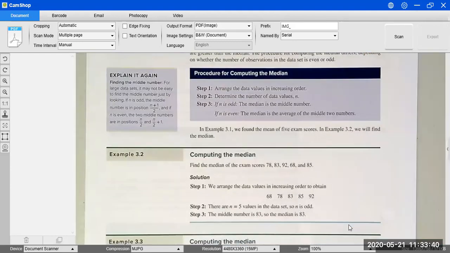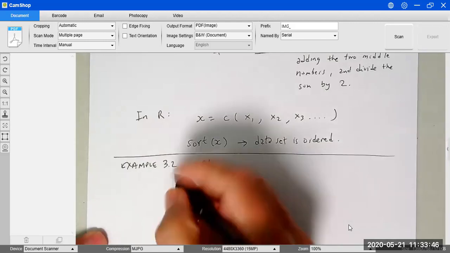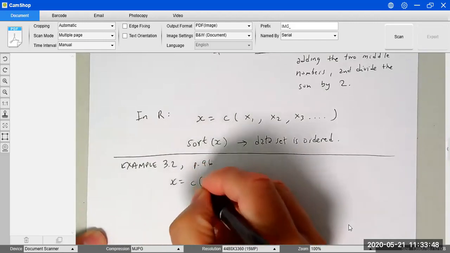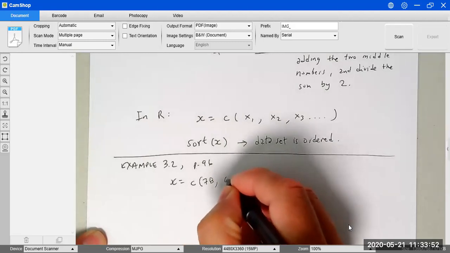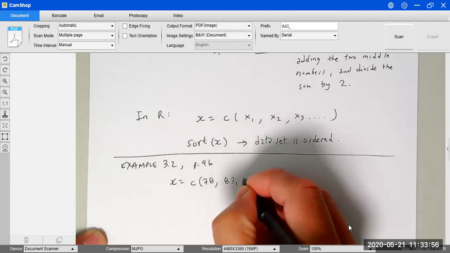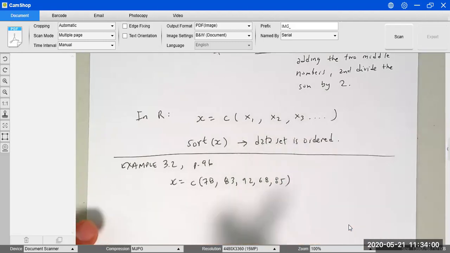First, again, you need to enter the values. So we have X equals c, and again 78, 83, 92, 68, and 85. These are the values.